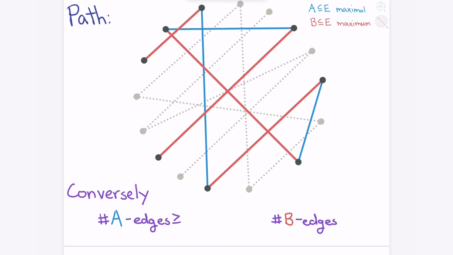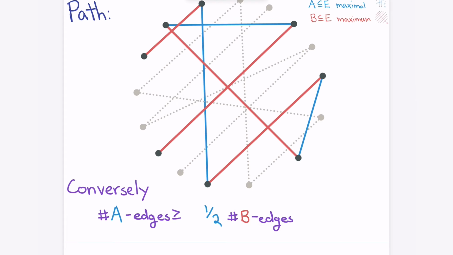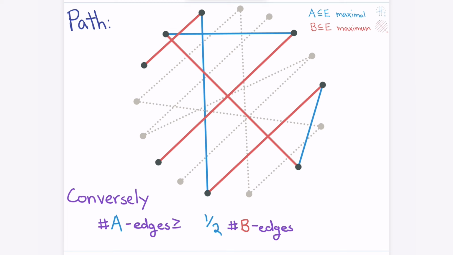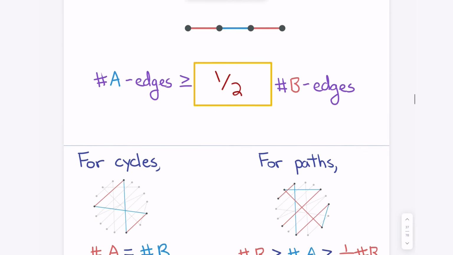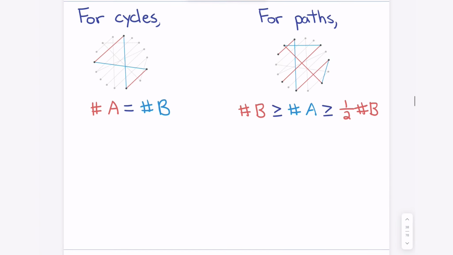So, oh, okay. You always get at least one half of the maximum along these alternating paths. Okay, so that's the worst case. So along any cycle, I know that they're always tied, and along any path, it seems like I've arbitrarily switched red and blue.